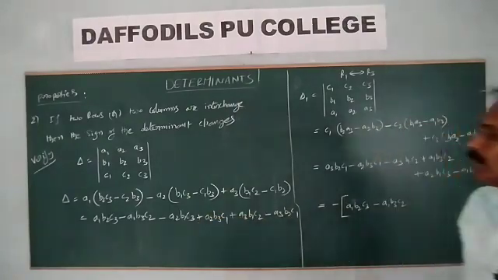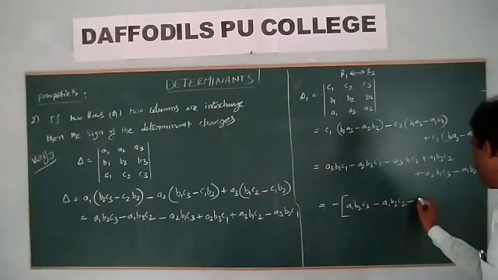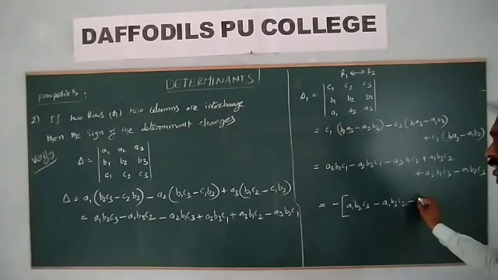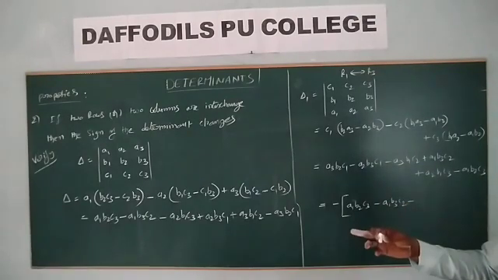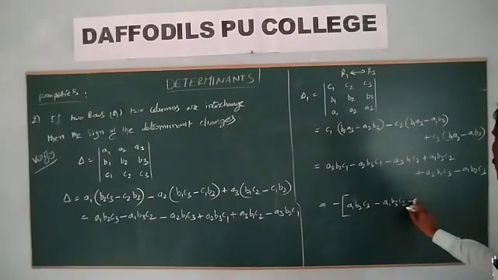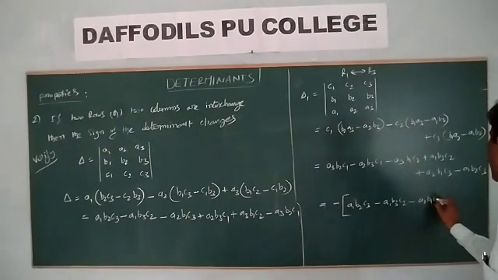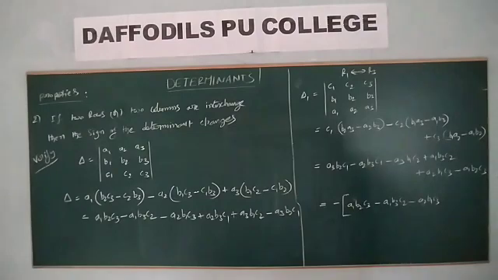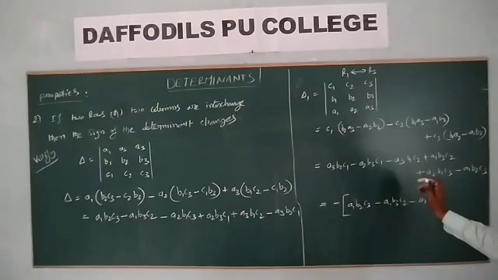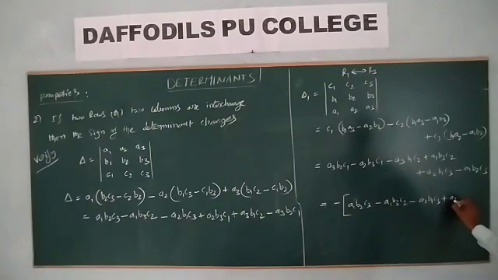Next term A2 B1 C3: there minus, here plus, so take minus. A2 B1 C3, and the next A2 B3 C1: here plus, there minus, so take plus A2 B3 C1.